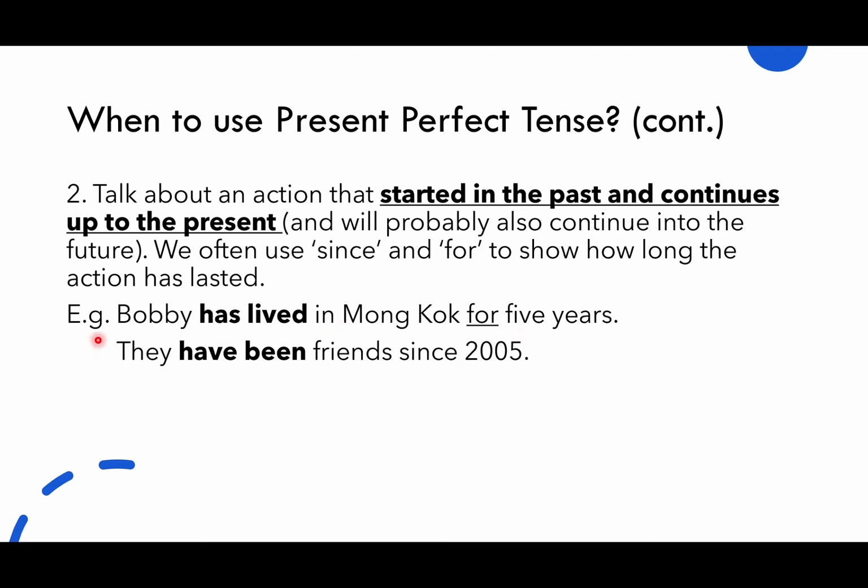We don't know that. And they have been friends since 2005, meaning since 2005 till now they're still friends. But we don't know if it will probably also continue in the future. Great if you understand it.